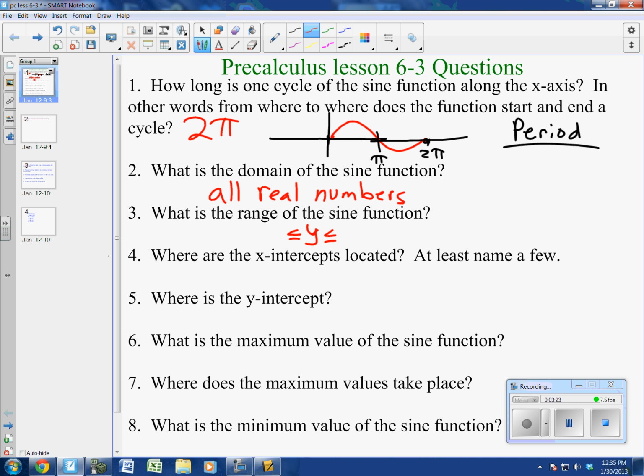He's saying it has to be between negative 1 and 1. So the range is between negative 1 and 1. You'll notice that the highest this graph ever got was 1, and the lowest was negative 1, and every y value in between was filled in somewhere, an infinite number of times. That is the range of the sine function.